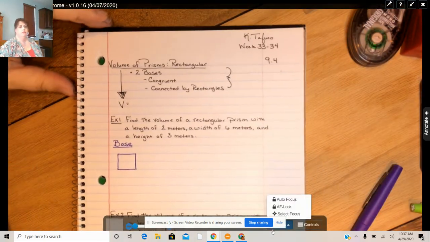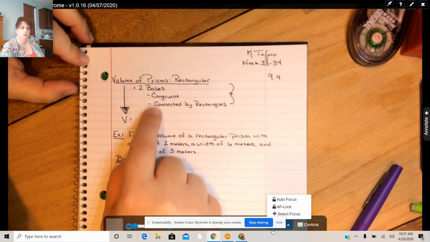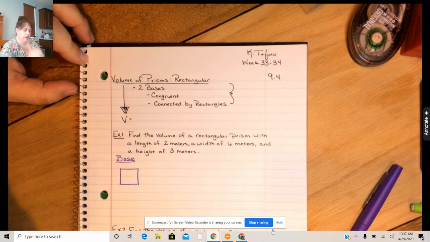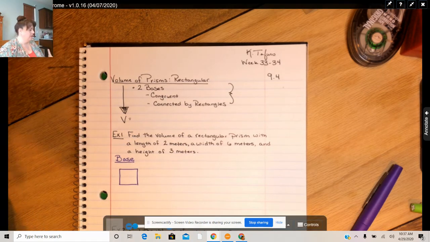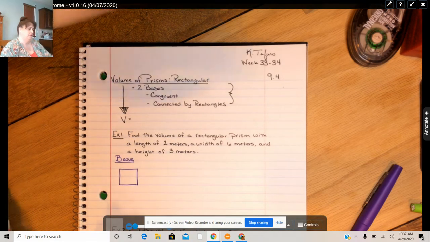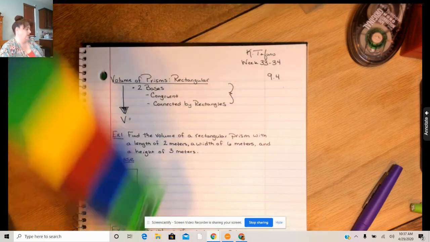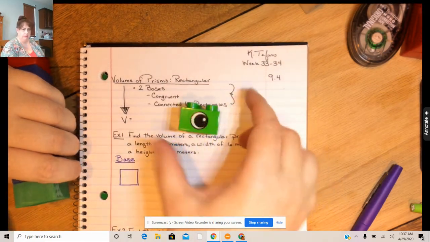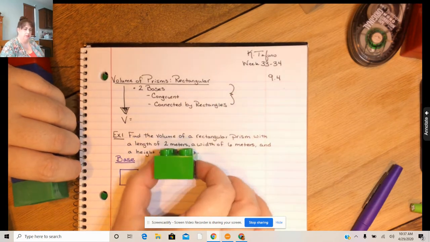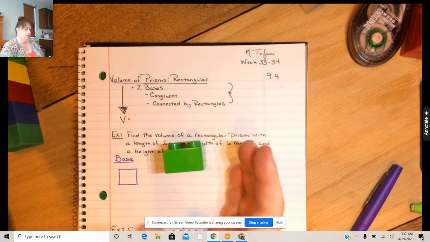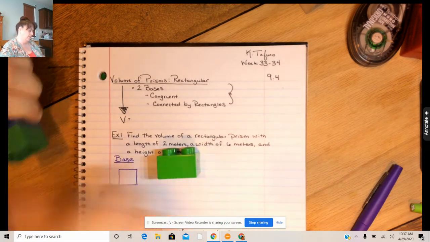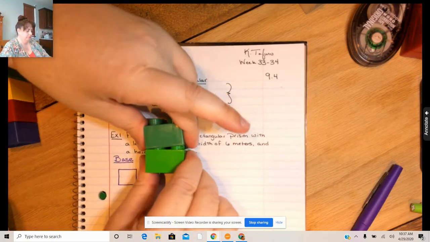All right, so right here, volume. Again, prism: two bases. Those bases are congruent and they're connected by rectangles. Another way we can think about this, I went into Legos to help us. If this right here was our base, this way, when we think about what a prism is, it's when we start stacking them one on top of the other.